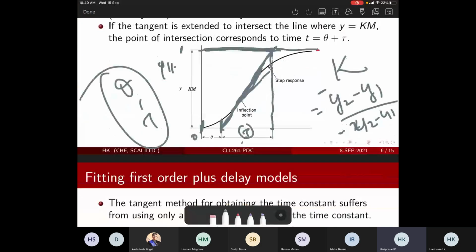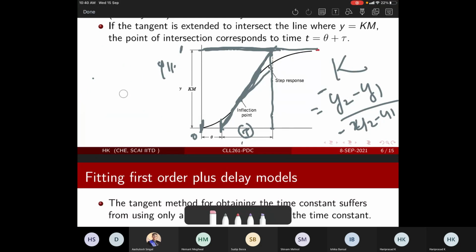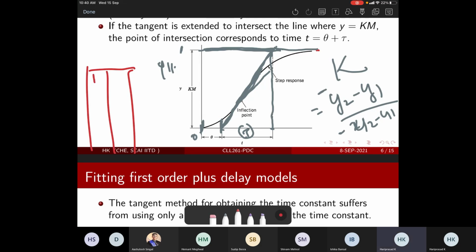Like in the previous case, here you have the record of n samples of y, y1 to yn, and you know what is the step change that is being done for the input. So this is mu versus time, the step change. You have these two data available: the change of output over the change of input, and that would always give you your k.